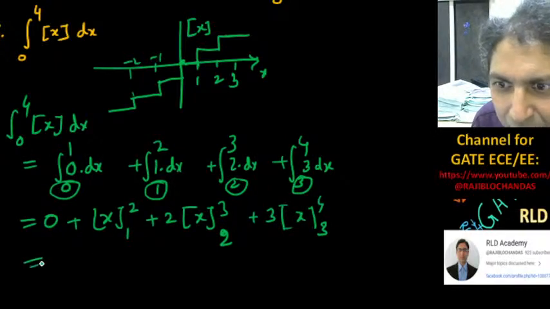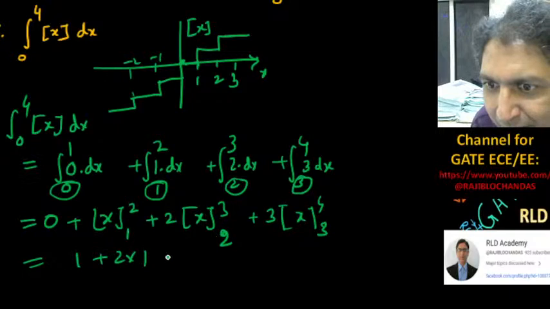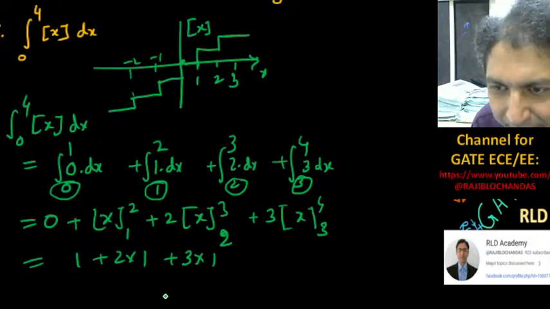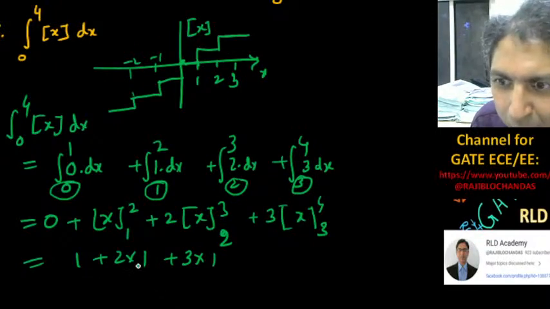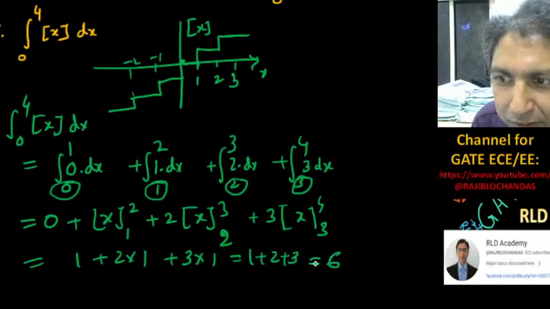So you can see that 2 minus 1 is 1, 2 into 3 minus 2 is 1, plus 3 into 4 minus 3 is also 1. Okay. So 1 plus 2 plus 3 is equal to 6.